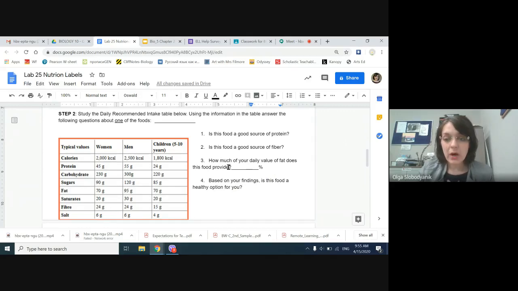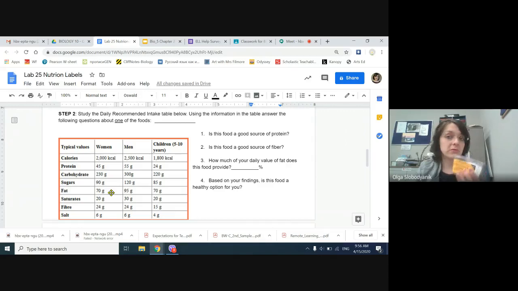And how much of your daily value of fat does your food provide? So daily value of fat, I need 70 grams of fat. And if I eat 10 pieces of chocolate, is that going to be a whole bunch of fat for me? 15%.